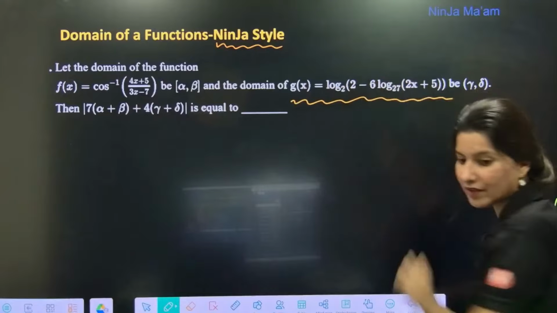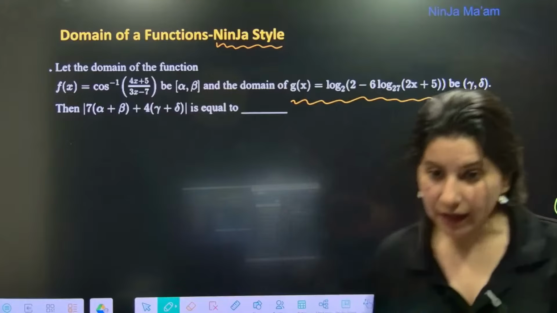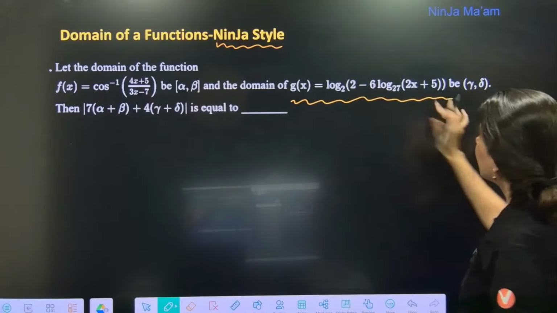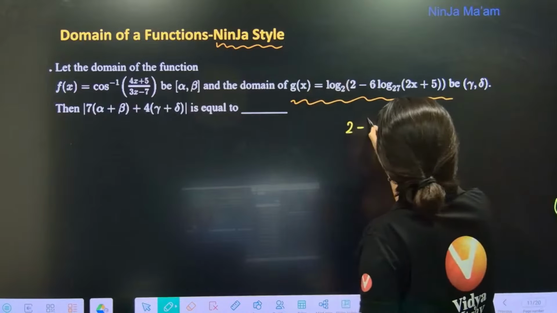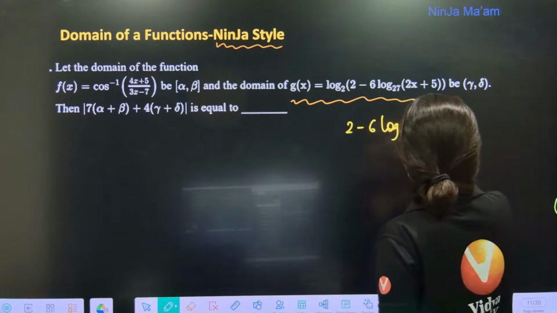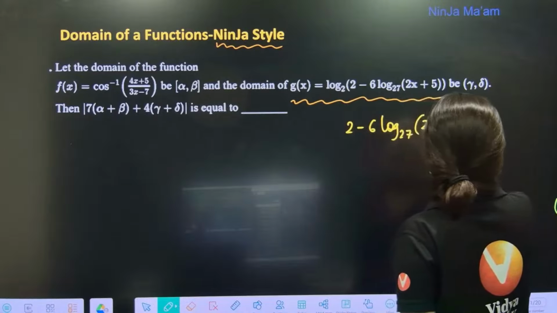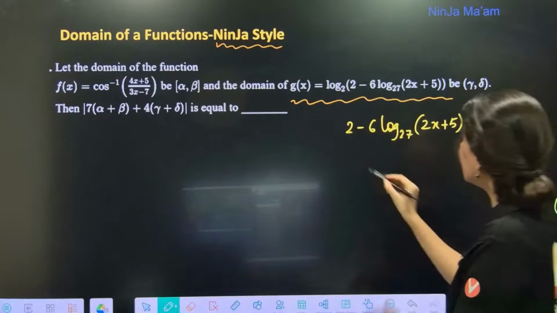Okay, so log of something is there. We know that whenever a logarithm is there, any expression inside the logarithm should be positive. So 2 minus 6 log base 27 of (2x plus 5) should be greater than 0. Now shift the log towards the right hand side.